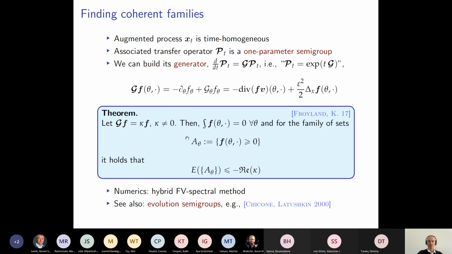And by this, I can build two sets of families where f is larger than 0 and where f is smaller than 0. The statement holds for both, so let me focus on the positive part.